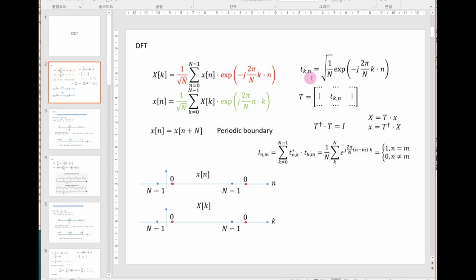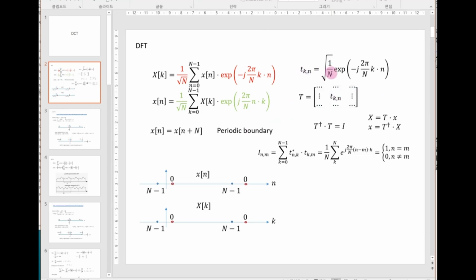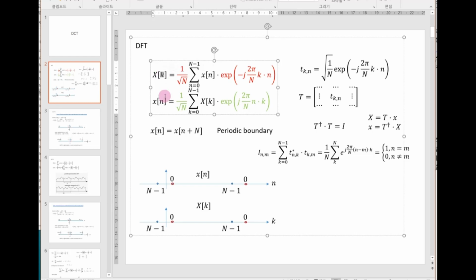Then we can define the transfer matrix like this. Its component is 1 over square root n times the exponential j 2 pi over n times kn. So this is the kth harmonic and nth element. k is the harmonic index, but the sequence index is n.